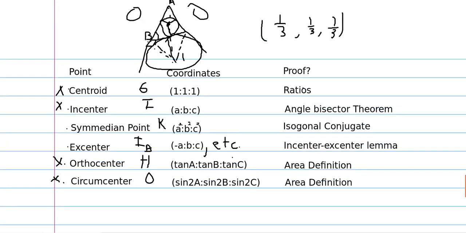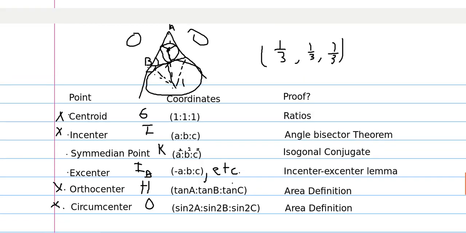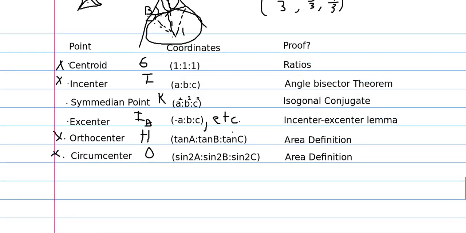And so yes, we can use the ratios, because if you draw each median, then you're bisecting each side, and we saw that we can use the ratios of sides to define our points. We can also use triangle areas, because if you draw in the medians, then you create 3 equal triangle areas, and that's pretty easy to prove.